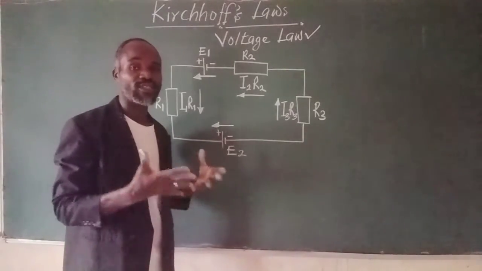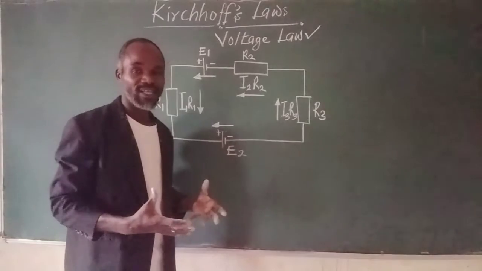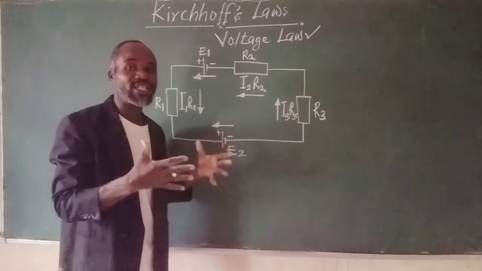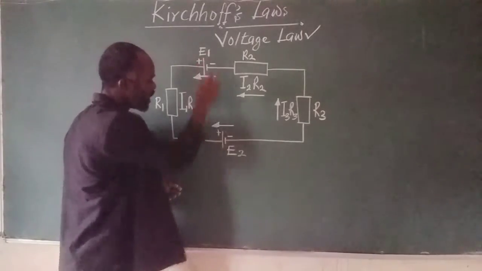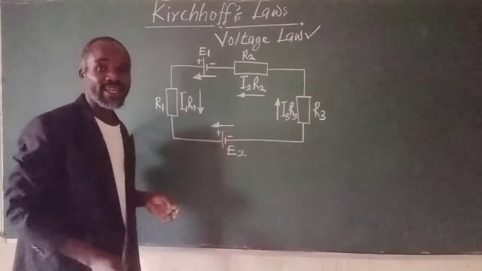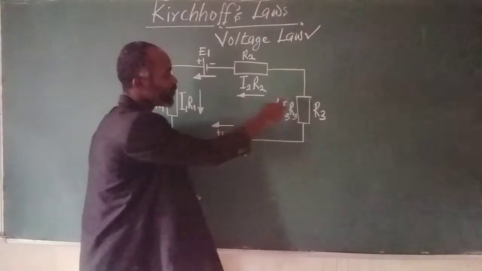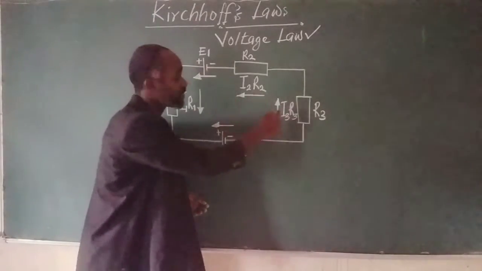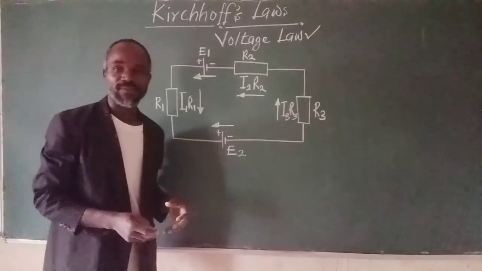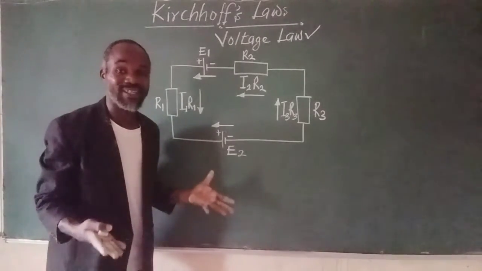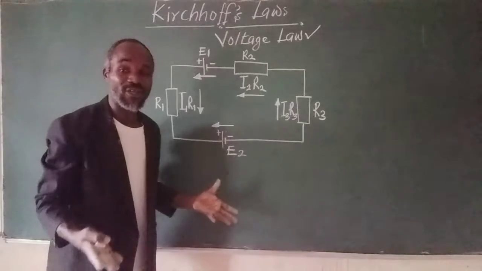According to Gustav R. Kirchhoff, he said that the algebraic sum of the EMFs and the potential difference or potential drops across each of the resistances is zero. That's what Kirchhoff's voltage law is all about.